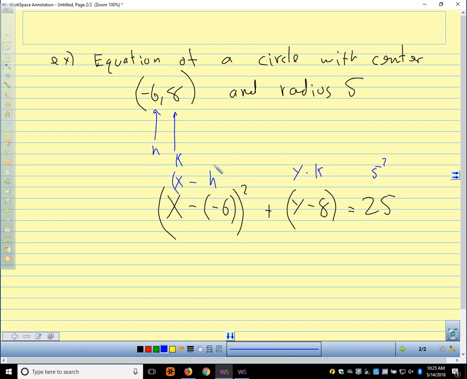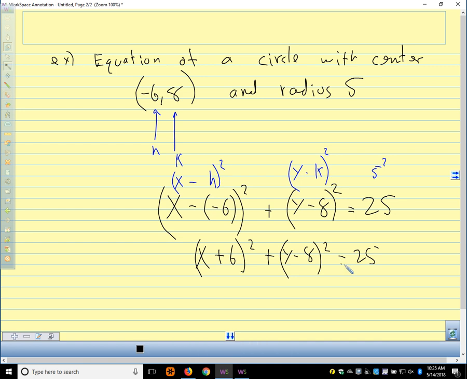And this should be x minus h squared, y minus k squared. I forgot my squared here. I could simplify that. If you left it written like this, that would be fine. But I could write x plus 6 squared plus y minus 8 squared equals 25. That's the way you would normally see it.